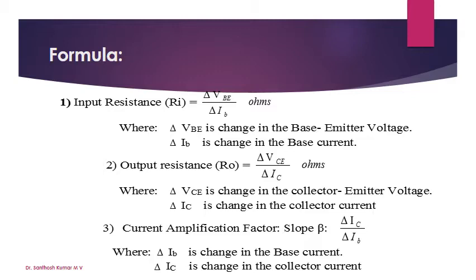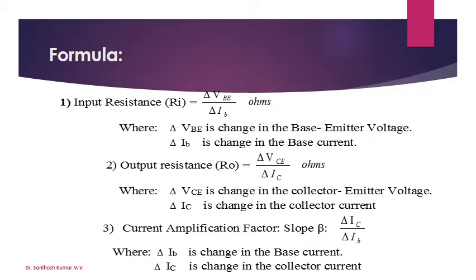The formulas used in this particular experiment to calculate the input resistance, output resistance and current amplification factor are as follows. Input resistance Ri is equal to delta VBE divided by delta IB, where delta VBE is the change in base emitter voltage and delta IB is the change in base current.